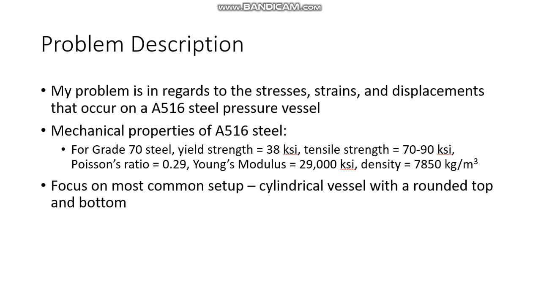The modulus of elasticity is 29,000 ksi, and the density is 7,850 kilograms per cubic meter. For my problem, I will focus on the most common setup, which is just a cylindrical vessel with a rounded top and bottom.